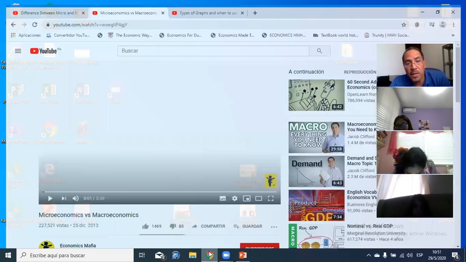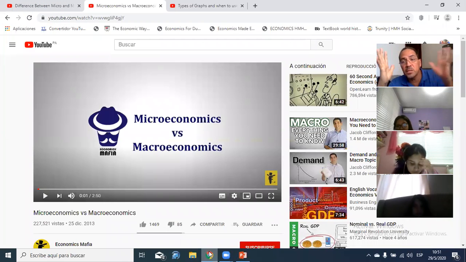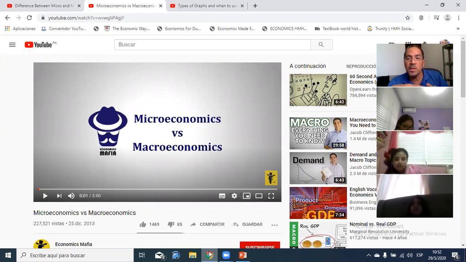Now, economics is divided in two big sections. The first section is microeconomics, and the other section is macroeconomics. Micro means a small section of the whole, and macroeconomics is the big picture, the economy as a whole.